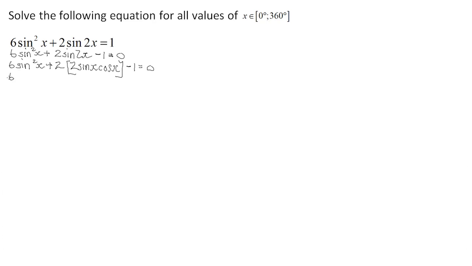So we're going to get 6 sine squared x plus, very important, 2 times 2, that gives you 4 sine x cos x, minus 1 is equal to 0.